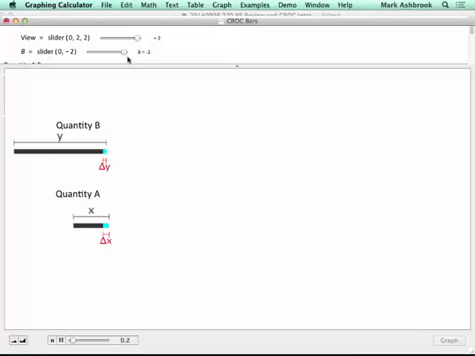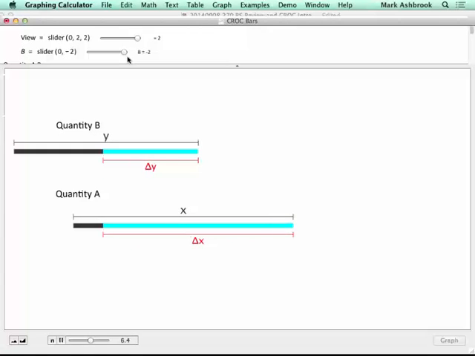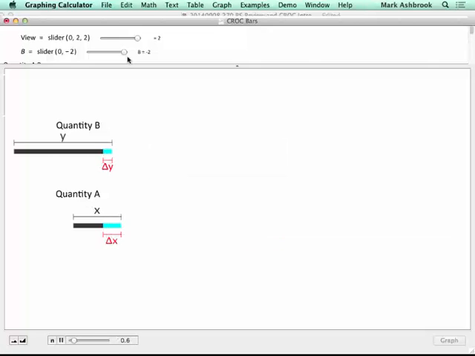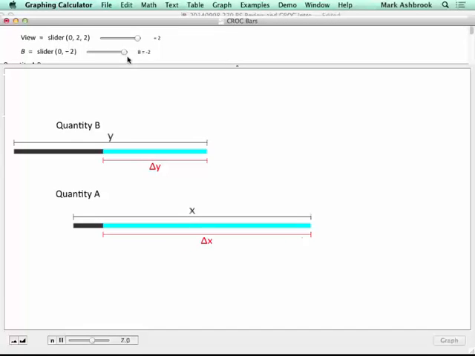Just about one half. Depends on how you look at it.